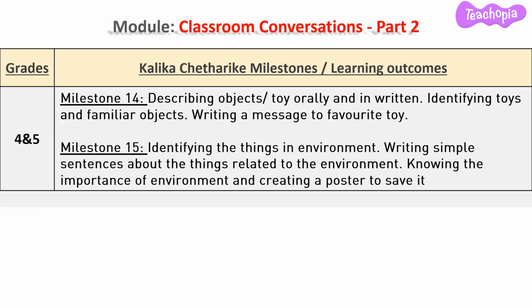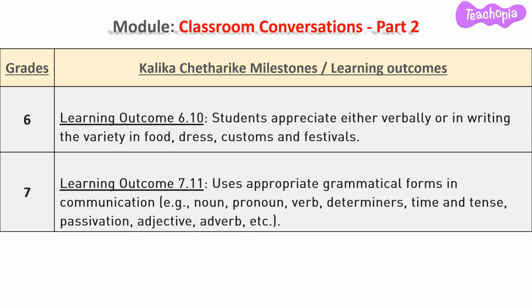Milestone 15 is identifying the things in the environment, writing simple sentences about the things related to the environment, knowing the importance of environment, and creating a poster to save it. When it comes to grade 6, we have learning outcome 6.10. That is, students appreciate either verbally or in writing the variety in food, dress, customs, and festivals.